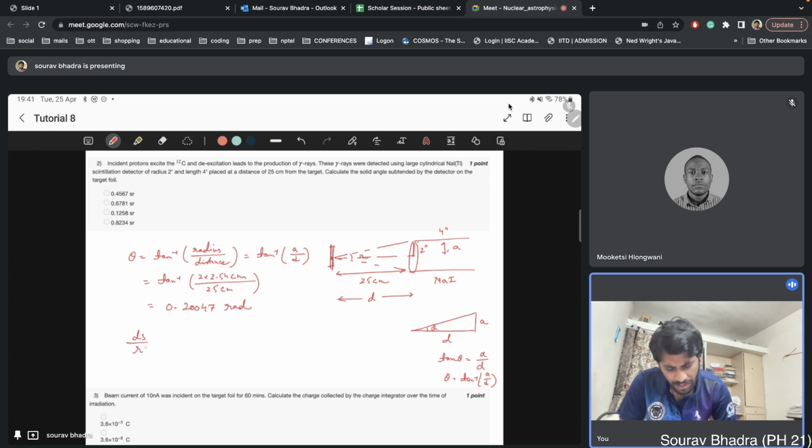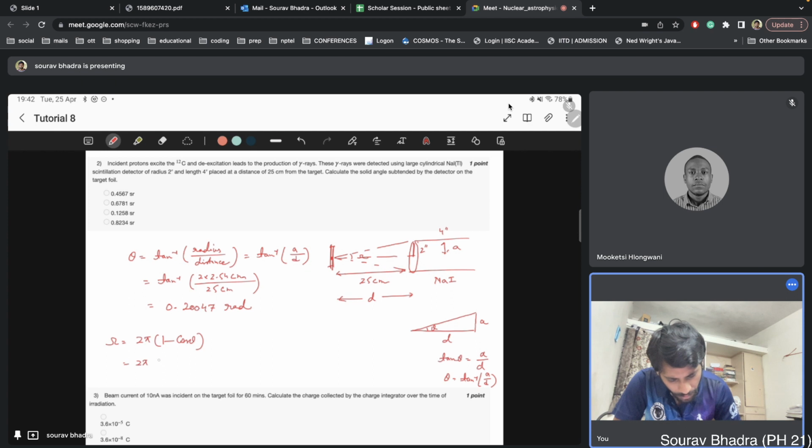So ds by r square was there, I will not write it; if you go to the course material, the result comes out as 2 pi (1 minus cos theta). If you know the theta, this will be the value of the solid angle, which can be calculated by that integration. It is done in the course material itself, so I have not done it here.